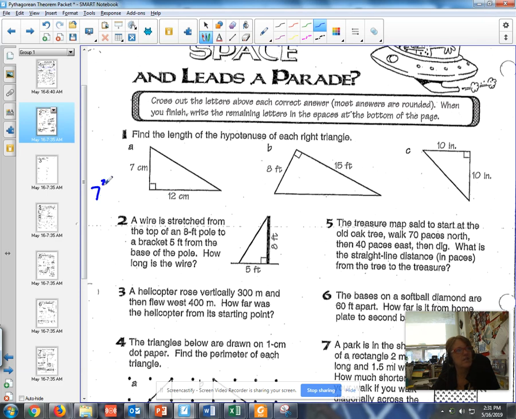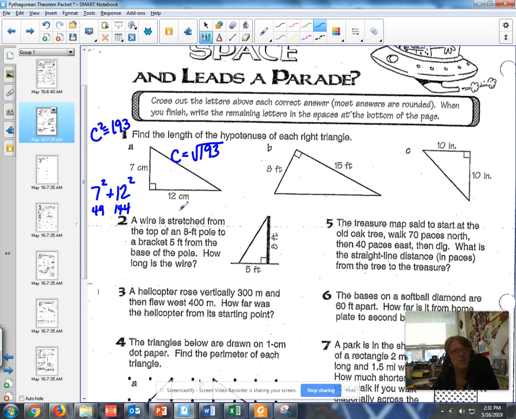You need to take 7 squared plus 12 squared. Well, let's see, 7 squared is 49. 12 squared is 144. When you add those two together, you get 193. C squared is 193, which means C is the square root of 193.